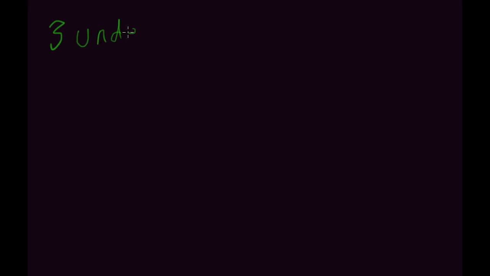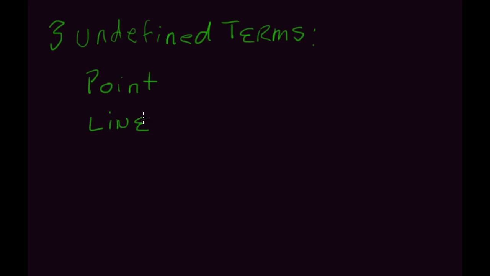undefined terms. You get a point, a line, and a plane. Now, generally speaking, we have in our head what these things tend to mean, but they're not necessarily that.